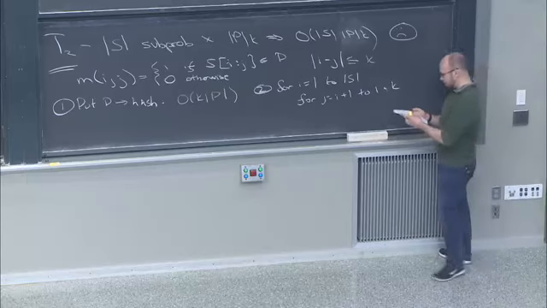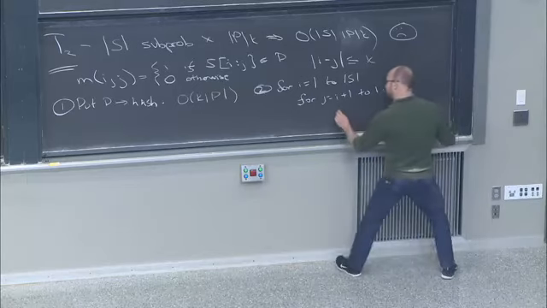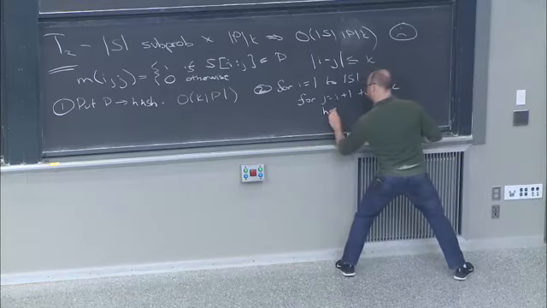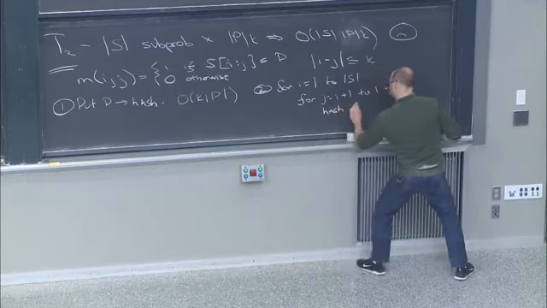And now I can do two things. I can find the hash of the string from i to j. This is going to take order k time.